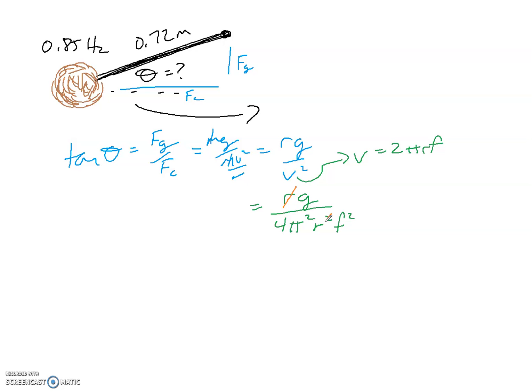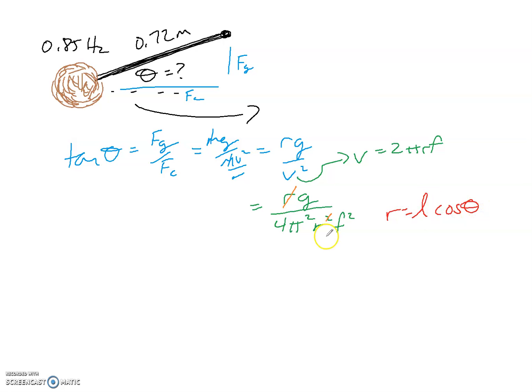I know g, I know 4, I know pi, I don't know the radius, I do know the frequency. So I still have the theta I don't know, and the radius I don't know, so I still can't solve it. But let's see what else I can do. I do have the length, and I can incorporate the length with the radius, because of course the radius would be the length times cos theta.